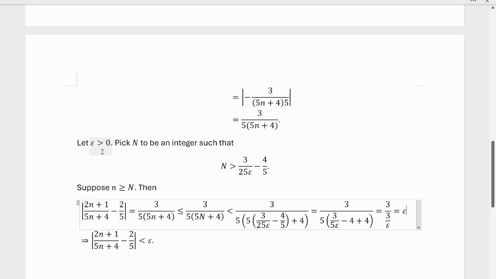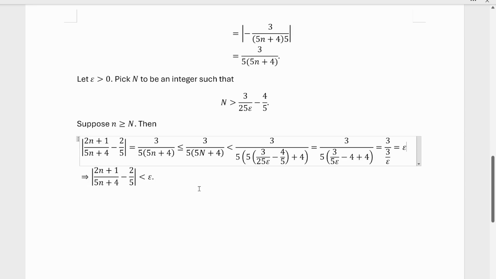We pick an arbitrary epsilon, selected an n, and show that for every n greater or equal to big N, the distance between the sequence term an and the limit L is less than epsilon, which is exactly what the definition of limits demands.